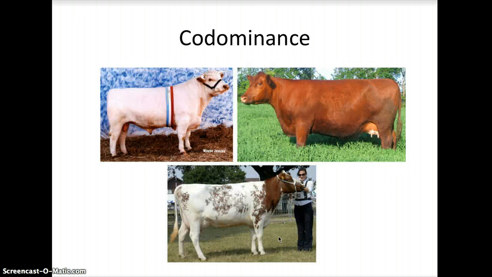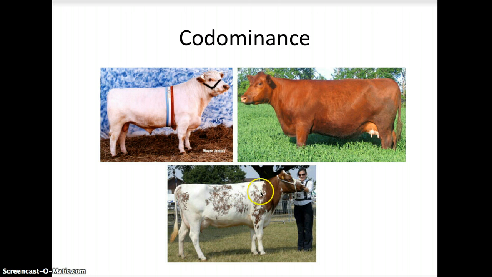So there's also codominance. Codominance is that both alleles end up having some input, not just being blended, but they're both there. So if you start with this white bull and this, what is referred to as red, I realize it's not red, but it's kind of rust-colored brown cow, you end up with this lovely lady.